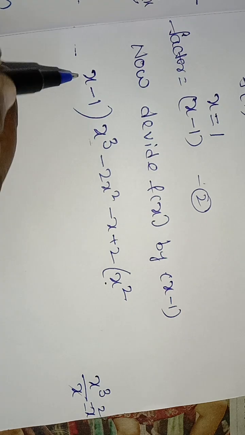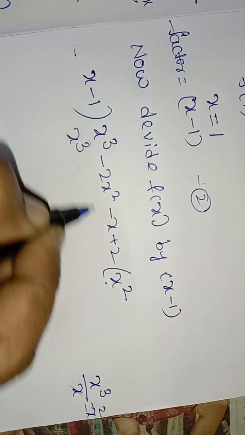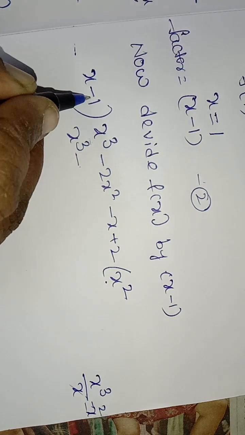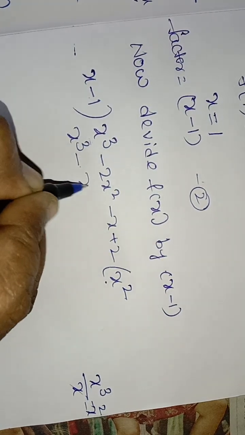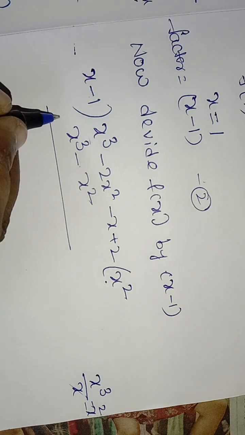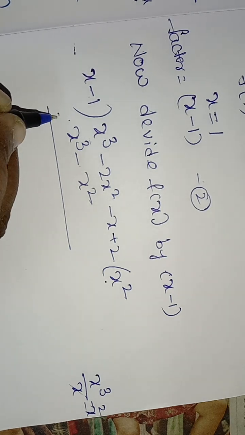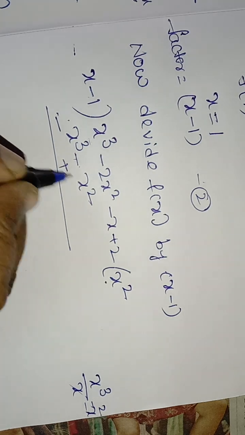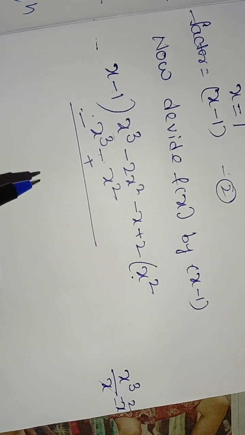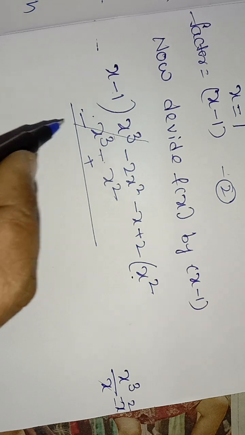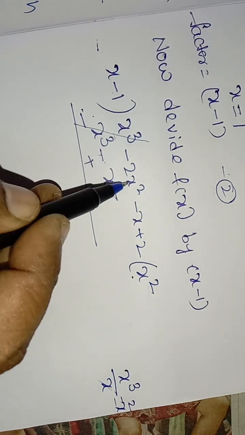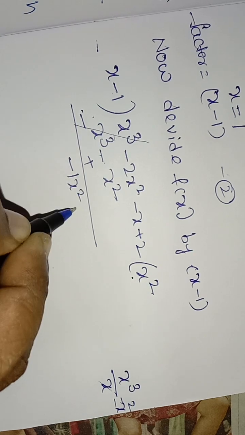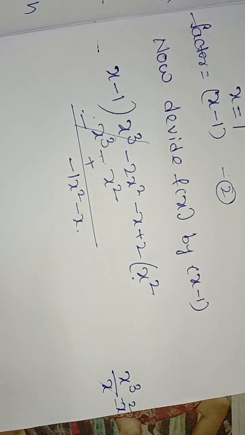So x square into x gives x cube, and x square into minus 1 gives minus x square. Now do the subtraction: plus becomes minus, minus becomes plus, so you consider this as plus x square. These two will get cancelled. So minus 2x square plus x square means minus 1x square.